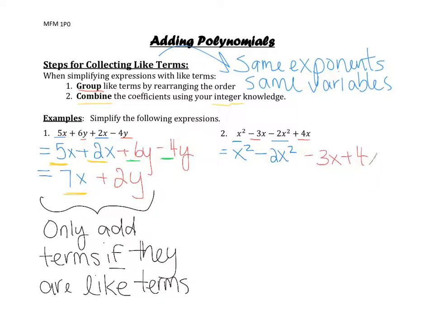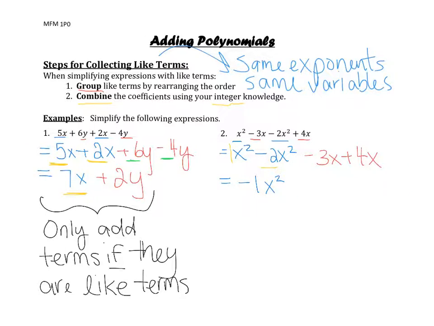And again, this is that idea back from integers where we say negative or we say minus or positive or add, and they really kind of mean the same thing when we're just changing the order here. Okay, and now using our rules of integers, we're going to simplify. This is, of course, an imaginary 1 minus 2. So 1 minus 2 equals -1 x squared.